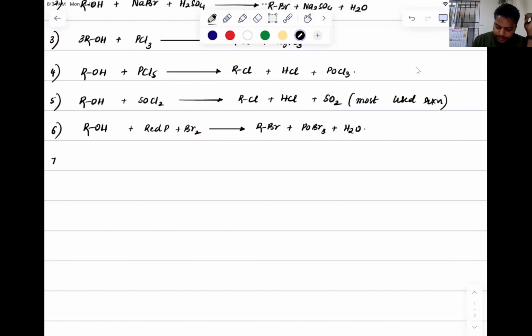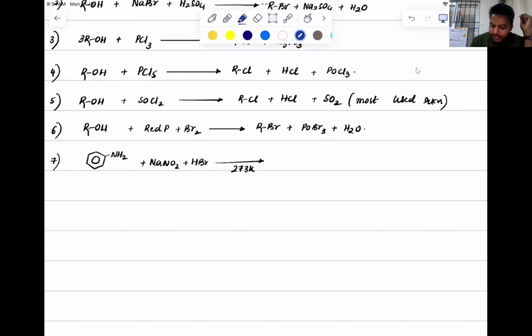Okay, next. Seventh is from diazonium salt, specifically for aryl halides. So if you have any aniline form and you react with NaNO2 with HBr or HCl at around 273 kelvins.